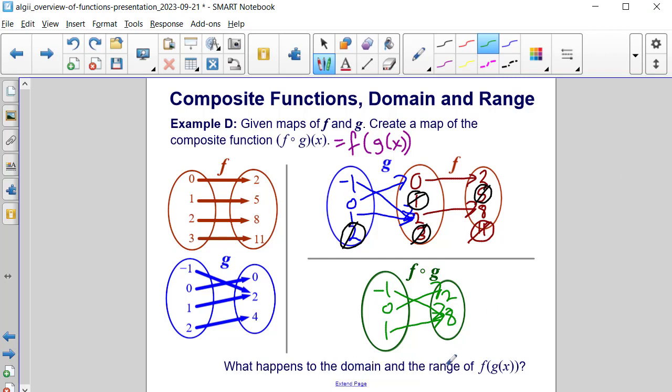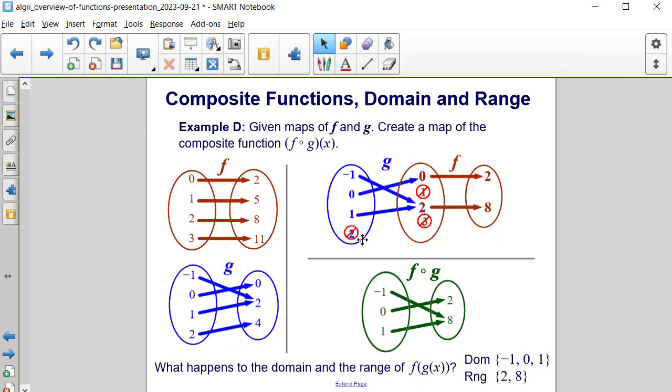What happens to the domain and range of f of g of x? Well, we see that the domain has become smaller. So the domain is now only -1, 0, and 1. And the range has become only 2 and 8. So the domain and range become smaller.